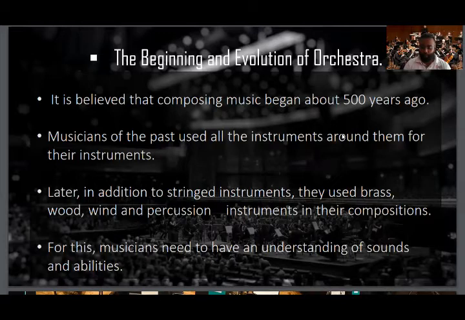The use of such a variety of musical instruments created a complexity for the composer. They were also able to use specific voice requirements to express their ideas. But for all this, they also need a detailed knowledge of sound and abilities. Thank you. I invite my friend to continue this presentation.